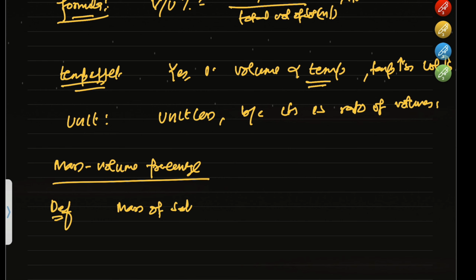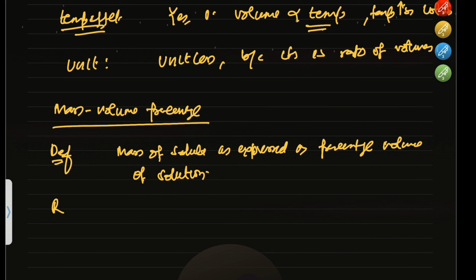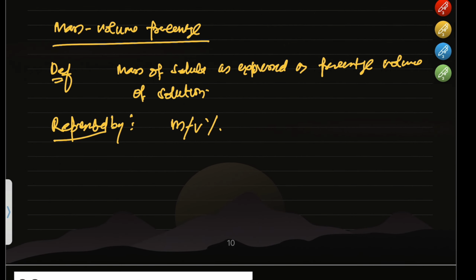Mass of solute in gram, expressed as a percentage of volume of solution, represented by mass volume percent.